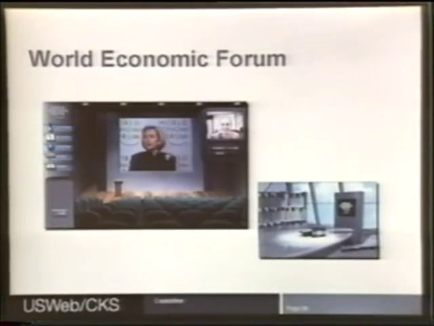Another compelling application was for the World Economic Forum. This is a body of over 2,000 world leaders that come together once a year in Davos, Switzerland. What we wanted to do was give these world economic leaders the ability to communicate not only once a year in Davos, but 365 days a year. We built a very rich internet communication system that allows them to have real-time video conferences.